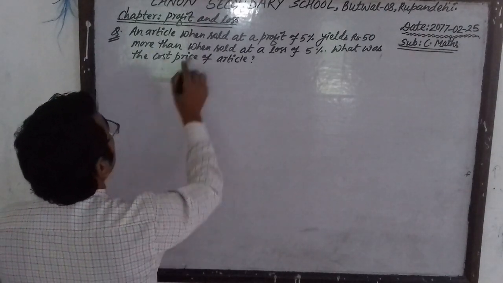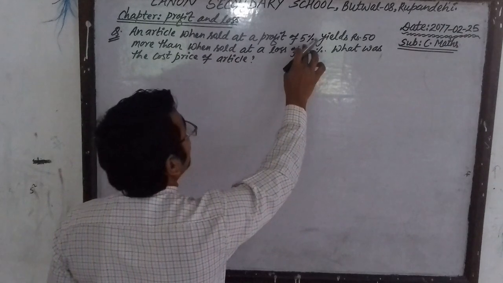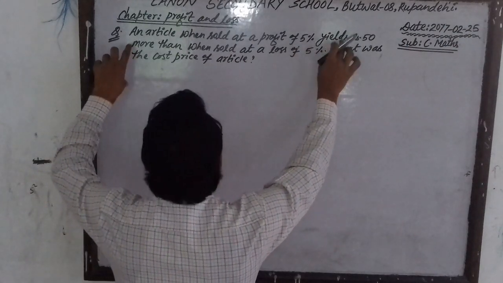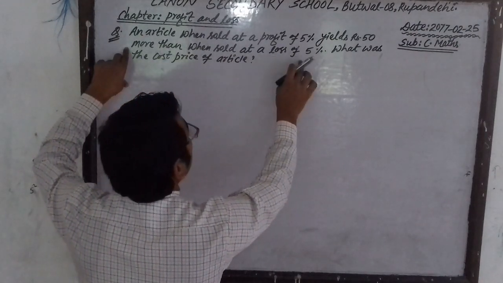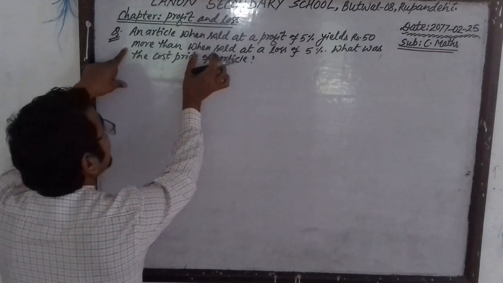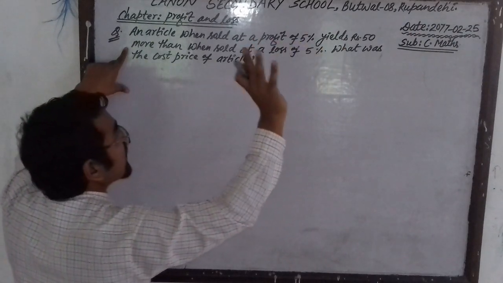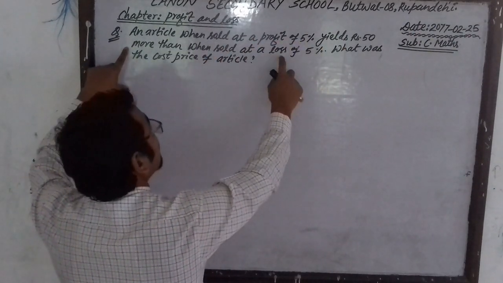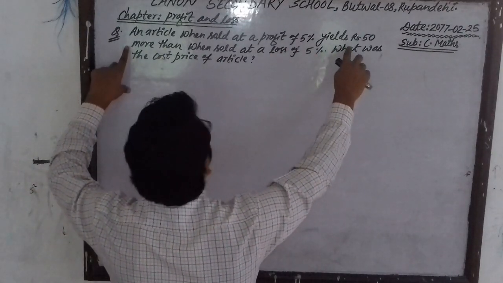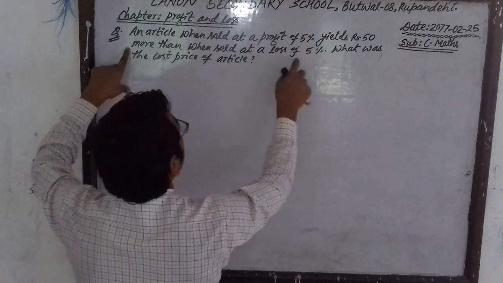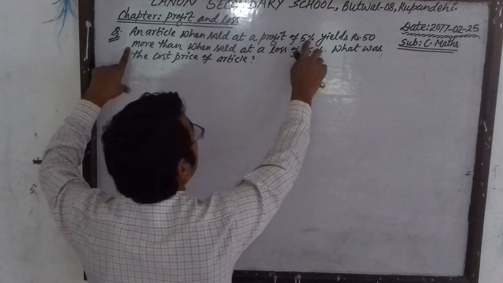If the article is sold at a 5% profit, then there will be rupees 50 more than when it is sold at a 5% loss. If we take the selling price where we are getting a 5% loss and add rupees 50 more to it, then there will be a profit of 5%.